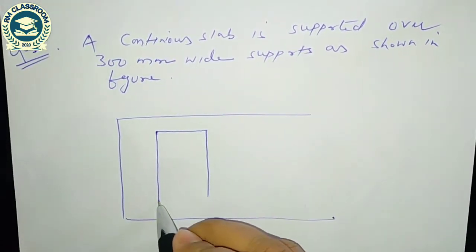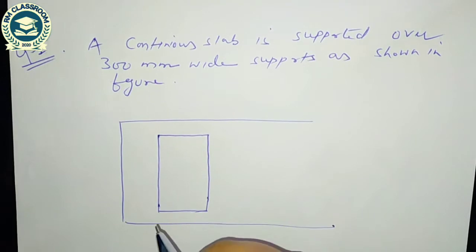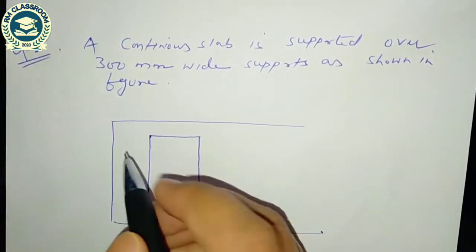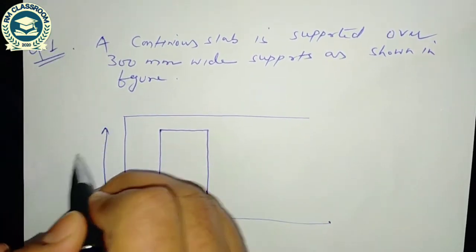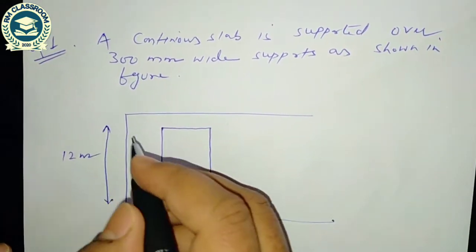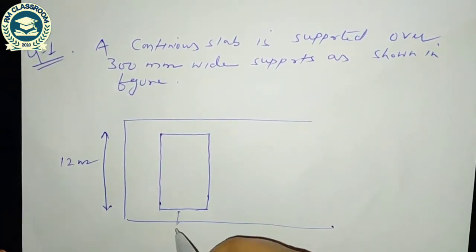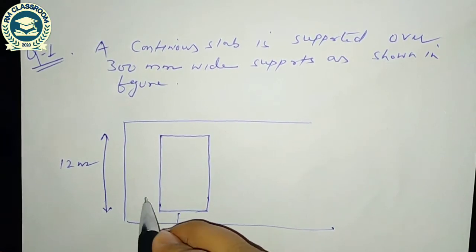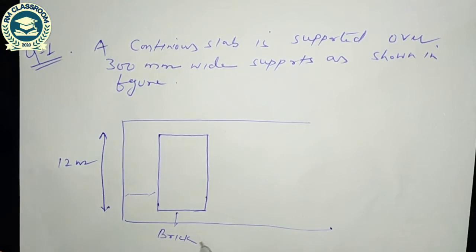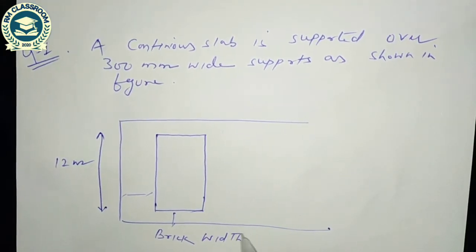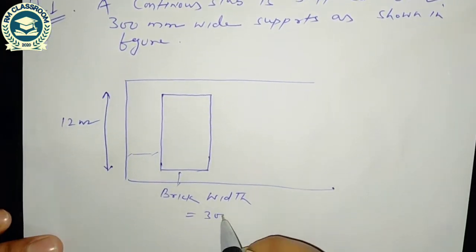This is for the slab. The span is 12 meter, and this portion is brick, width equal to 300 mm.